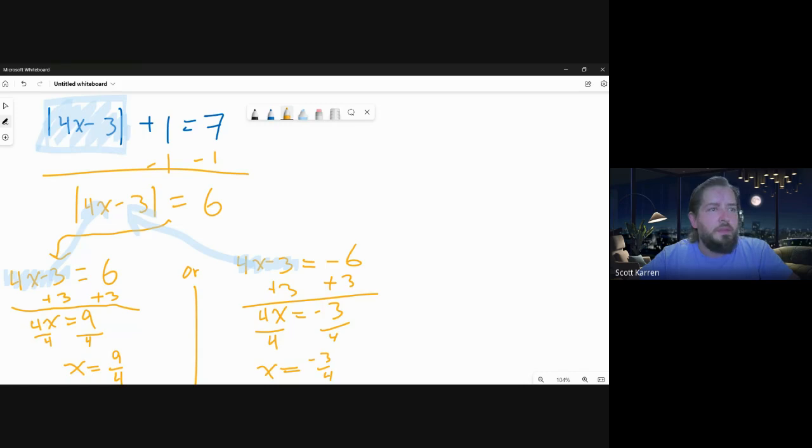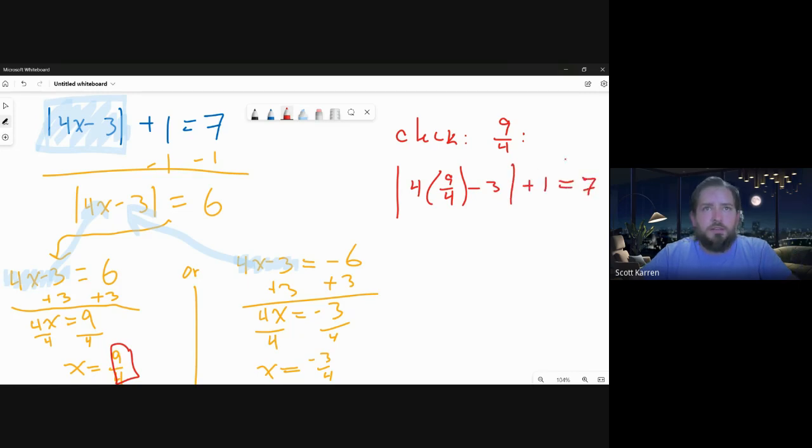Okay. And again, we can check this. It's not a bad idea to check them. So here we go. I'm going to start by checking 9/4. That leaves us with the absolute value of 4 multiplied by 9 over 4, minus 3, in absolute value, and then plus 1 should equal 7.